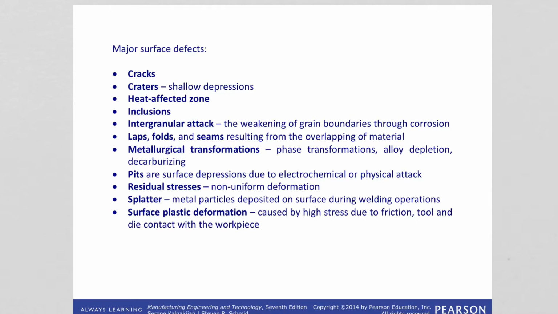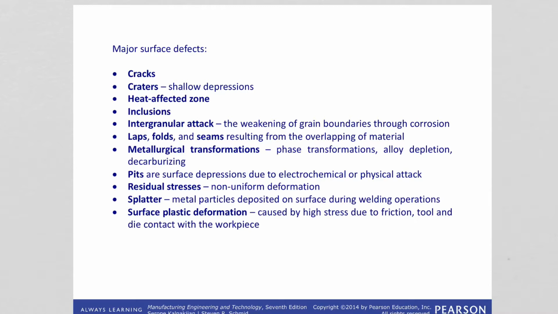So this creates anodic and cathodic regions within the material itself, which may make the material susceptible to corrosion, and the grain boundaries weaken and corrode. This is the intergranular attack.